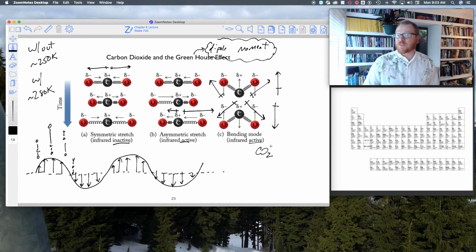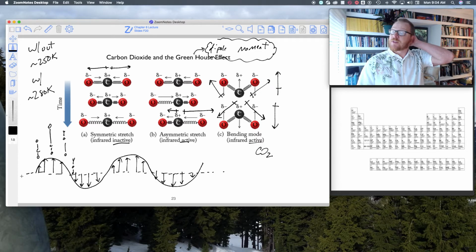So 250 Kelvin as an average planet-wide temperature would mean that we'd be a ball of ice, right? Water melts at 273 Kelvin. We would be an ice planet if we didn't have some amount of greenhouse effect. Okay, so we do want some, but right now we have too much. We're overwhelming our planet's ability to deal with that excess heat.